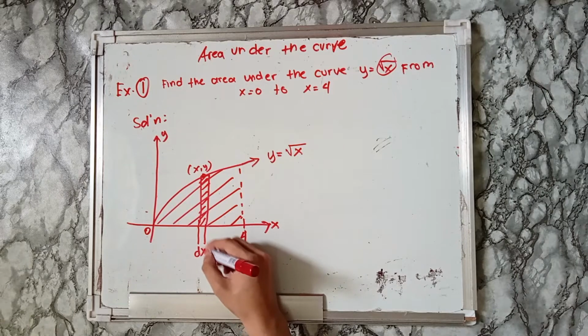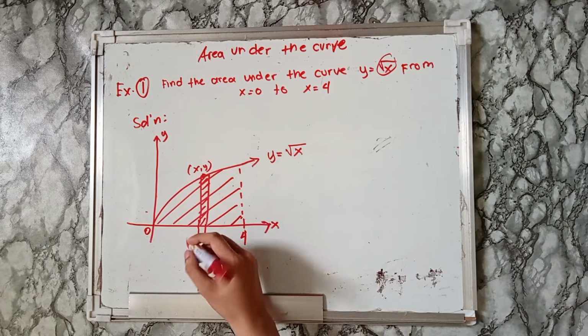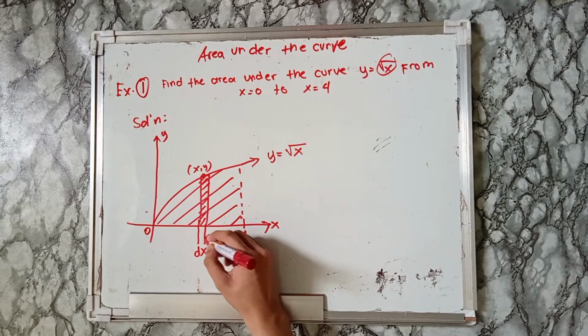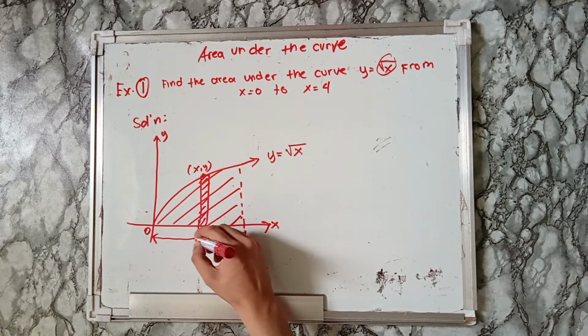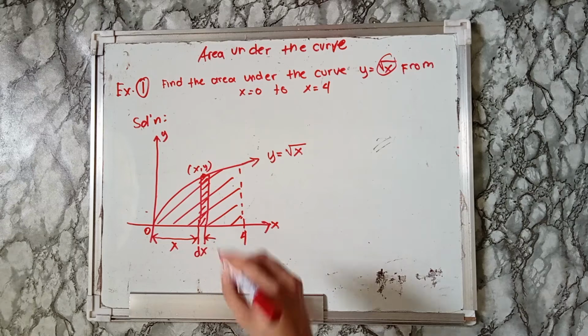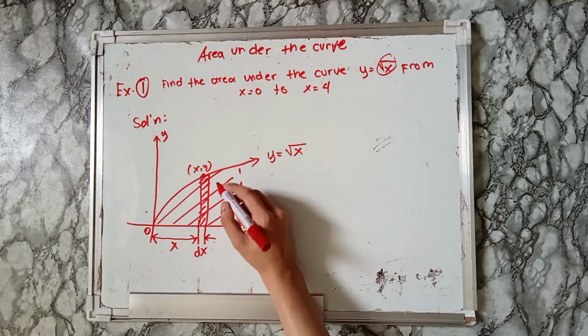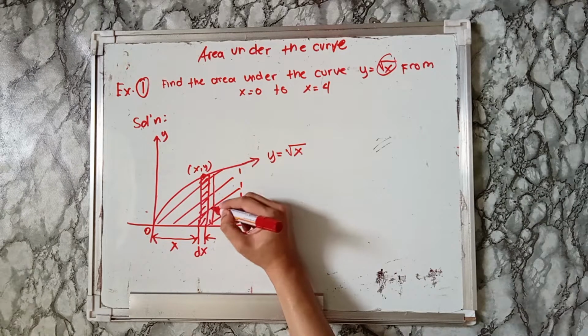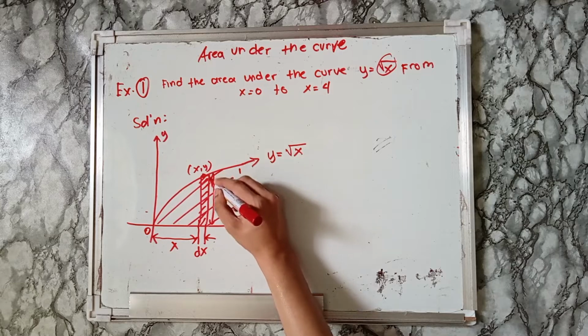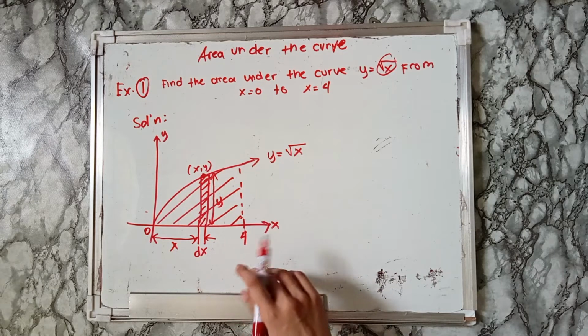This is dx, the width of the vertical strip, and we have our x, and of course the height of the vertical strip, which is y.